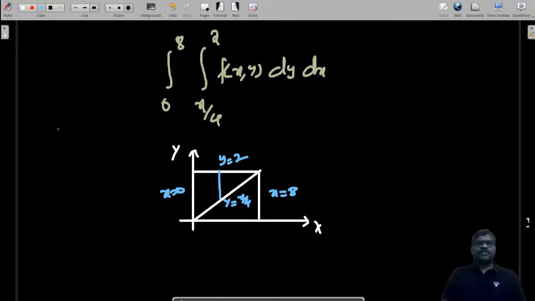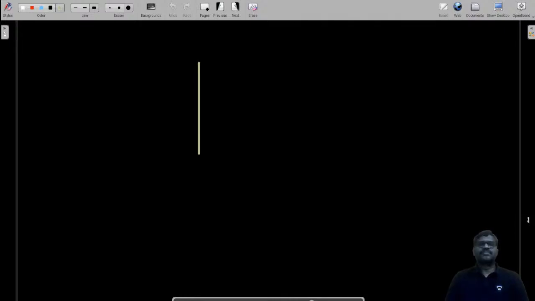Understood? Now, this is our region. We have to change the order of integration. Changing order is nothing but changing order of the strip. Here you have to change order of the strip from vertical to horizontal.